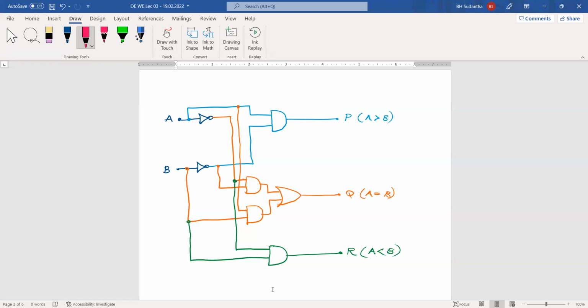If you have only a single output, then you write a single equation. If you have multiple outputs, then you have to write output equations for each and every output column. Then the final step is to draw the circuit according to the equations. That's all. If you are okay with all these 4 steps, it means you have now become a digital circuit designer.